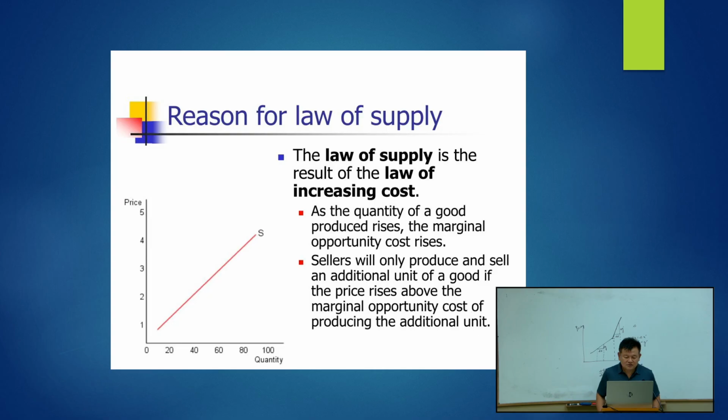So sellers will only produce and sell the additional unit of the goods if the price rises above the marginal opportunity cost. It means if the marginal unit is the same, producing the additional unit.